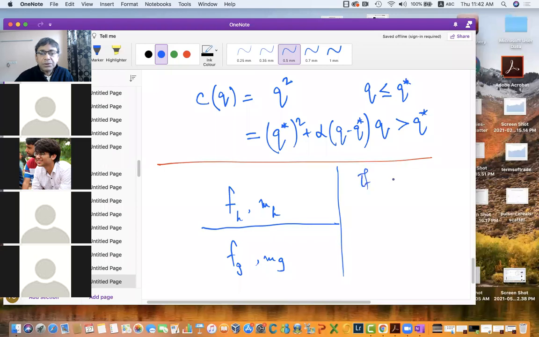If, for example, FG is greater than FH, which means MG is less than MH. So the government wants the household with the same resources, same income, to consume more food and watch fewer movies. Suppose this is the case.